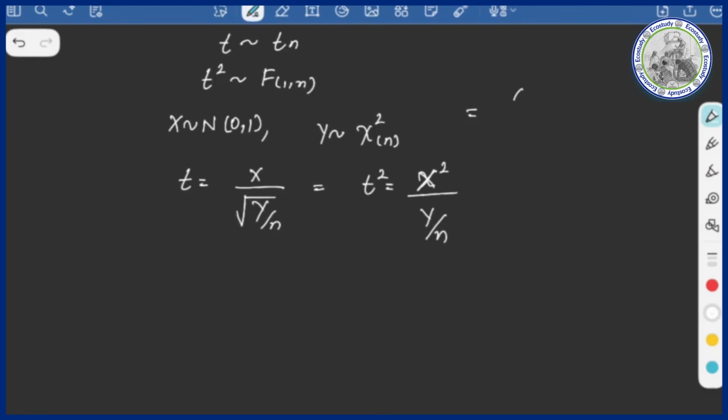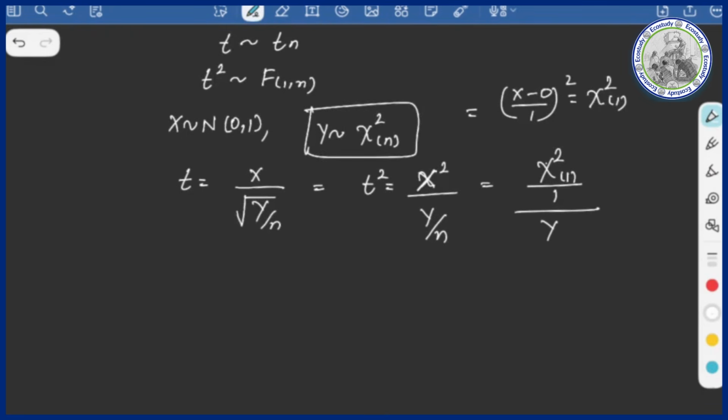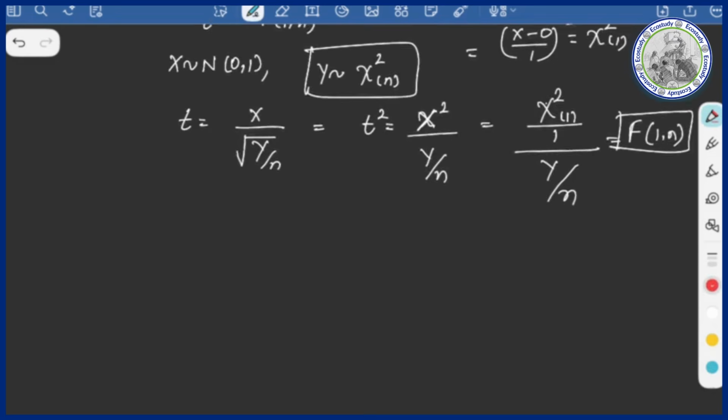When you see x minus 0 upon 1 square, it will follow chi-square with 1 degree of freedom. So it will be chi-square with 1 degree of freedom over 1, upon y, and y is chi-square with n degrees of freedom divided by n. So that is F distribution with 1, n. This is the statement.